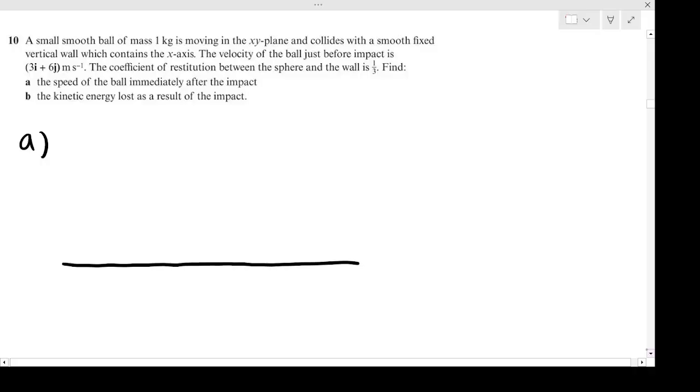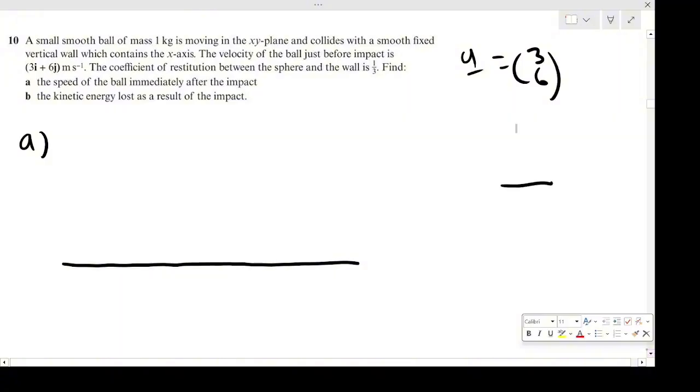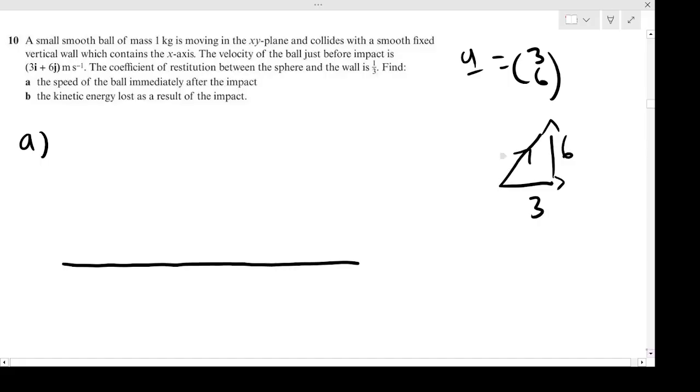Then the vector before, u, is 3i and 6j, so 3, 6 like this. If you were to draw that out, that is saying we're going to go 3 to the right and then 6 up. So my vector u is going to look like that.